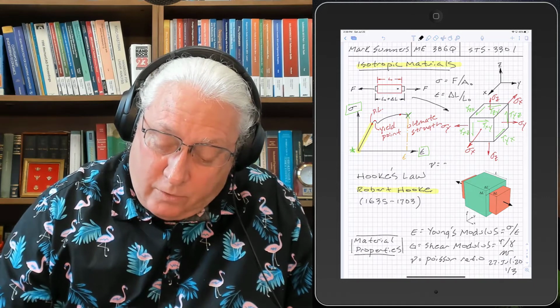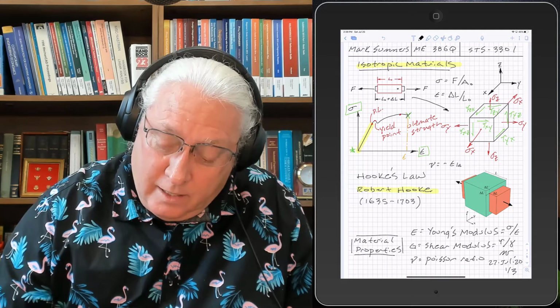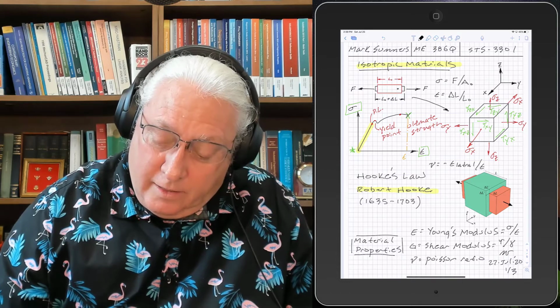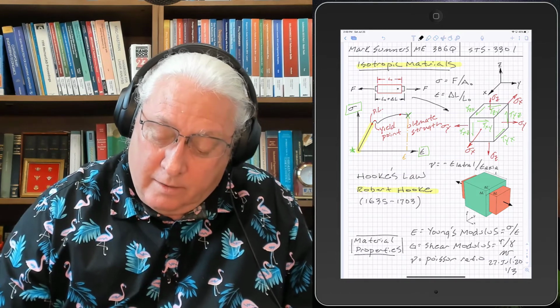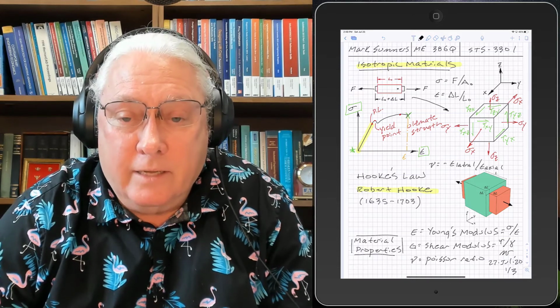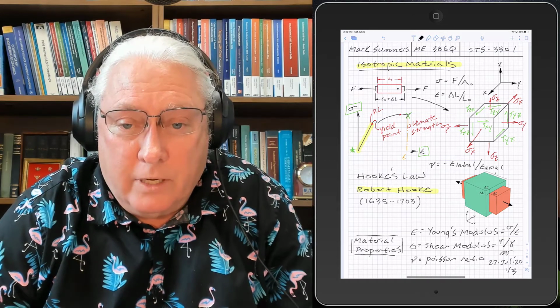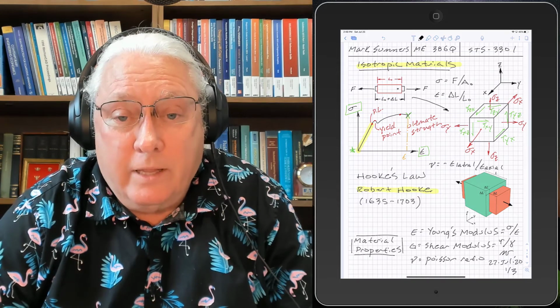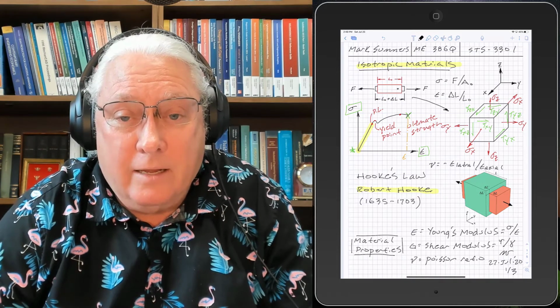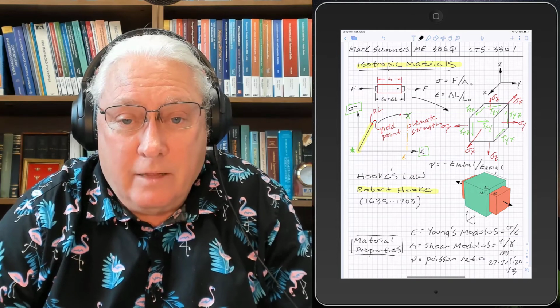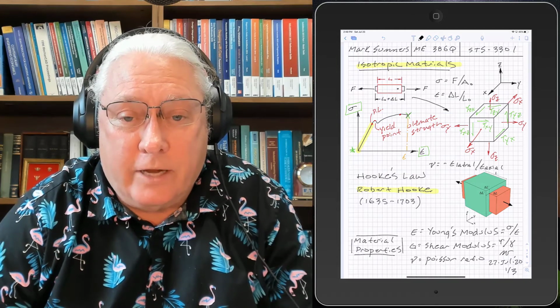And I'll write that equation up here. Running out of room. And so the Poisson ratio is minus the lateral strain divided by the axial strain. So that's the ratio between the strain in the lateral direction divided by the strain in the axial direction.